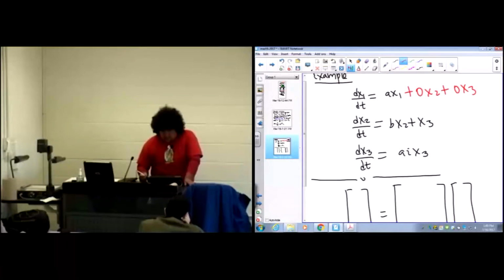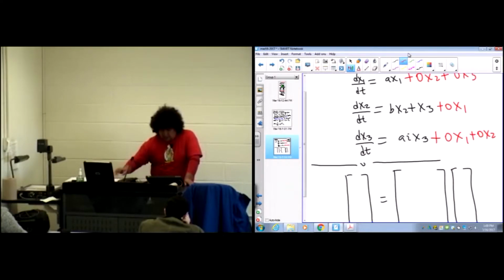That 3 by 3 matrix is multiplying a vector with the state variables, which is a vector containing x1, x2, and x3. And on the left-hand side, you can write this as the derivative operator, d dt, acting on the vector x1, x2, and x3.